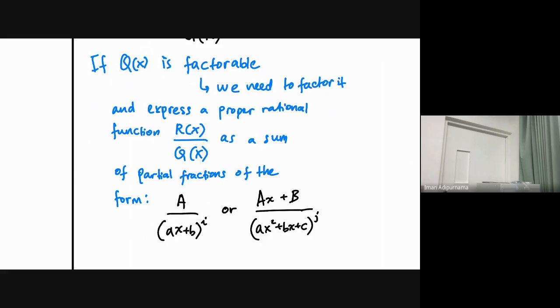In this chapter on partial fractions, the denominator will be a linear function or a quadratic function, and the numerator will be either a constant A or a linear expression.